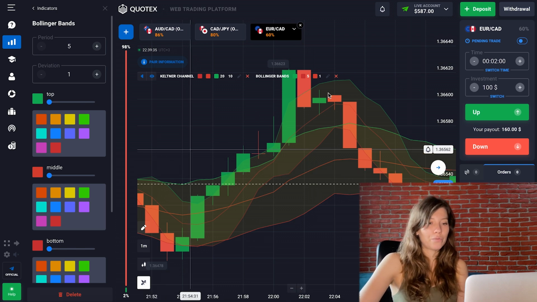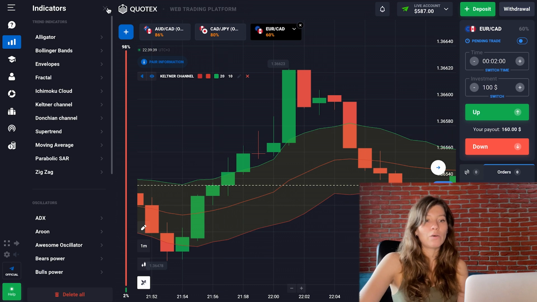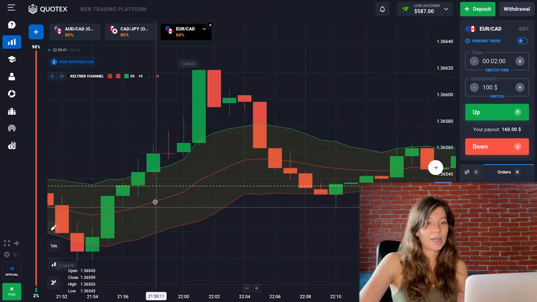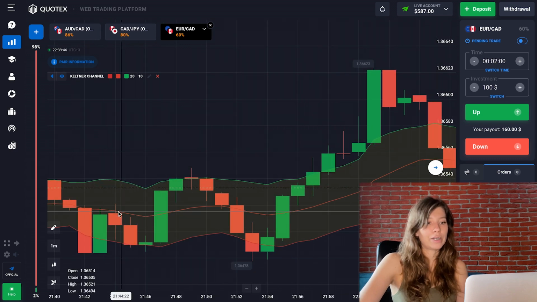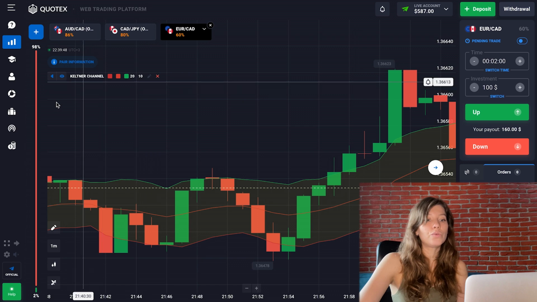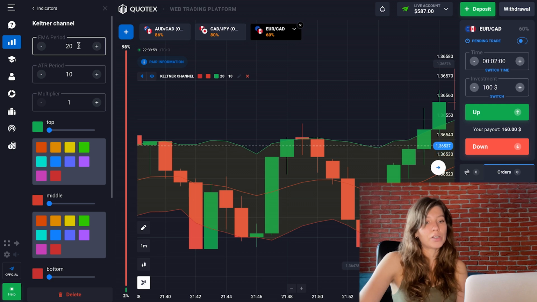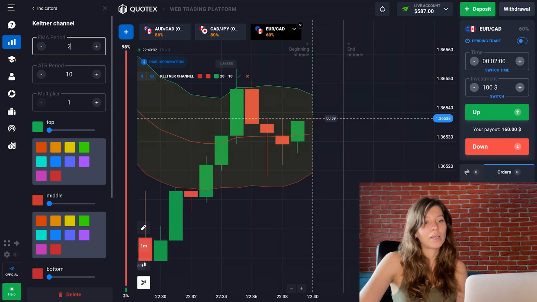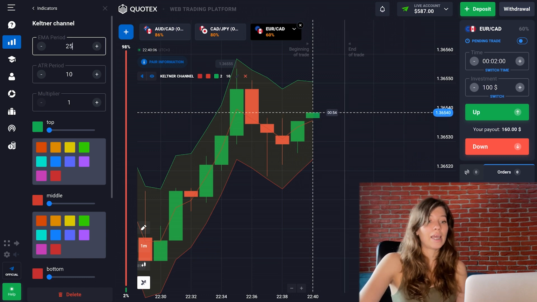So we put off Bollinger Bands, and the middle line in the Keltner Channel is an exponential moving average, EMA, and the two outer lines are based on the average true range, ATR, rather than on standard deviation, SD, right? Because the channel is derived from the ATR, which is a volatility indicator itself.